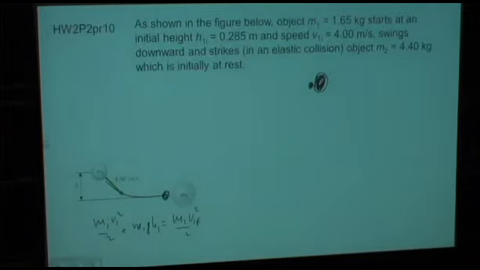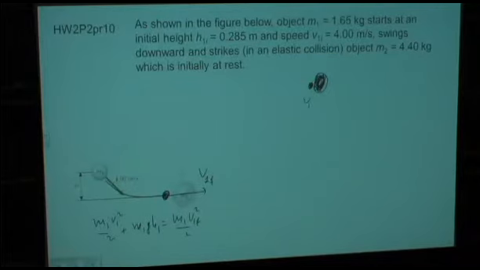So here at the bottom, this ball has a certain speed. That speed is final for the process of motion down, but that speed is initial for the next process, which we call collision.